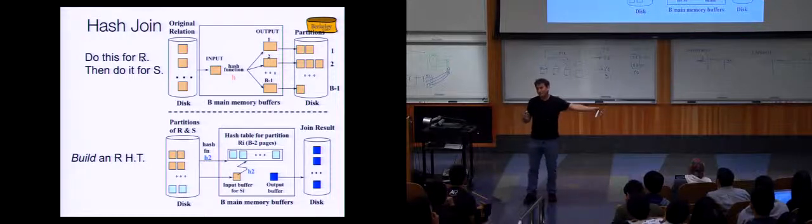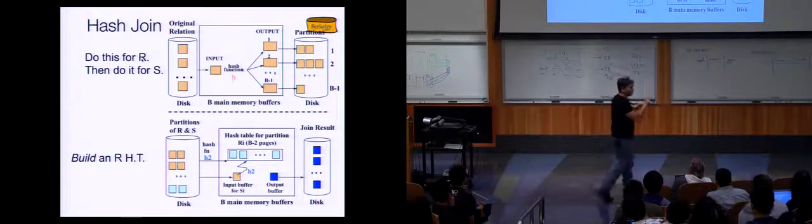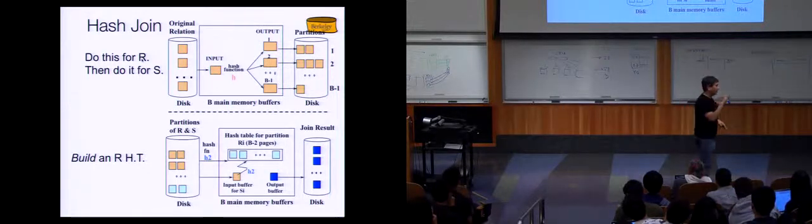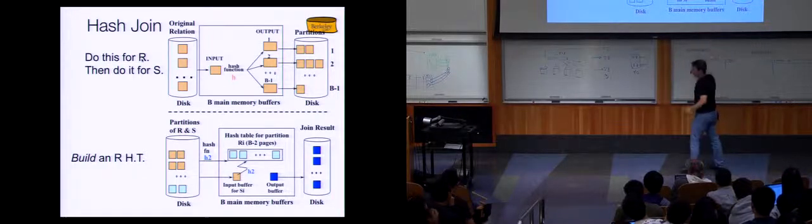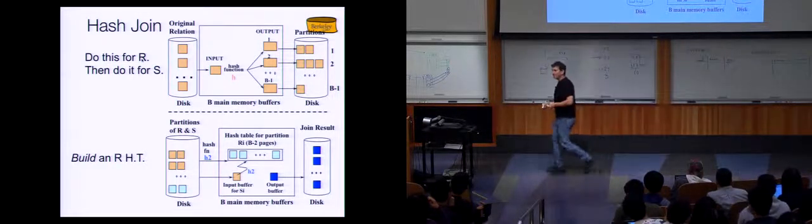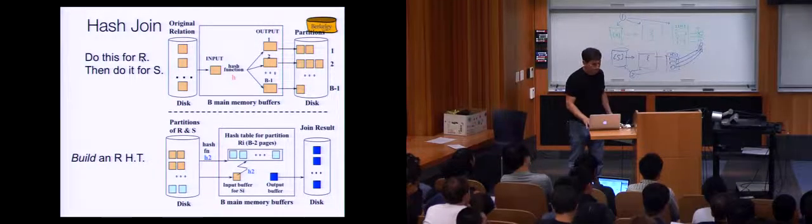And S you don't need to recursively partition. You partition it once, and then you just stream the results past. So it's quite nice if your tables are two different sizes. You hash both of them into partitions, and then you bring in the main memory hash table on the little guy and stream the big guy past. Okay?